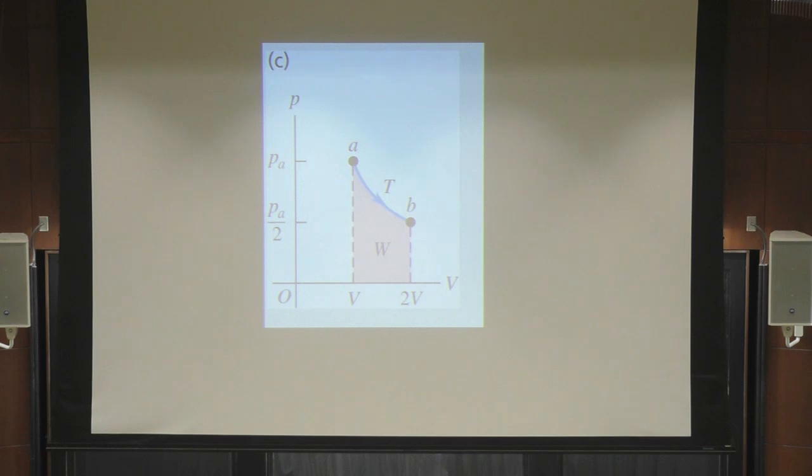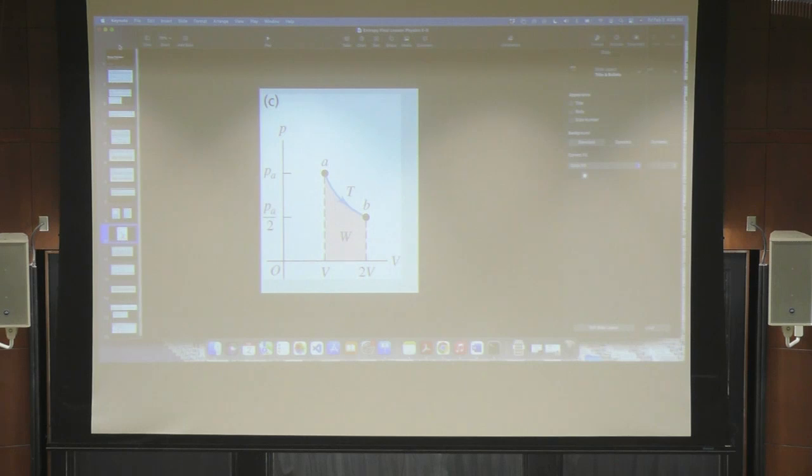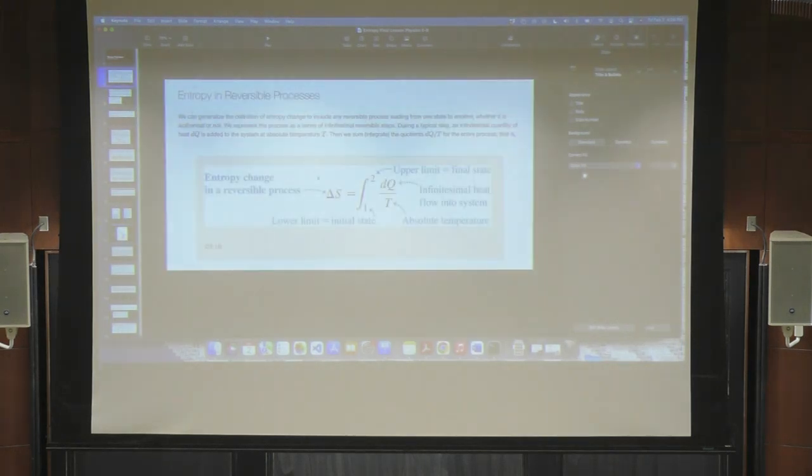I can go this way or I can go this way. So it's a reversible process. This integral that I use can be done, and I have delta S. That's going to be my integral from 1 to 2 of dq over T.